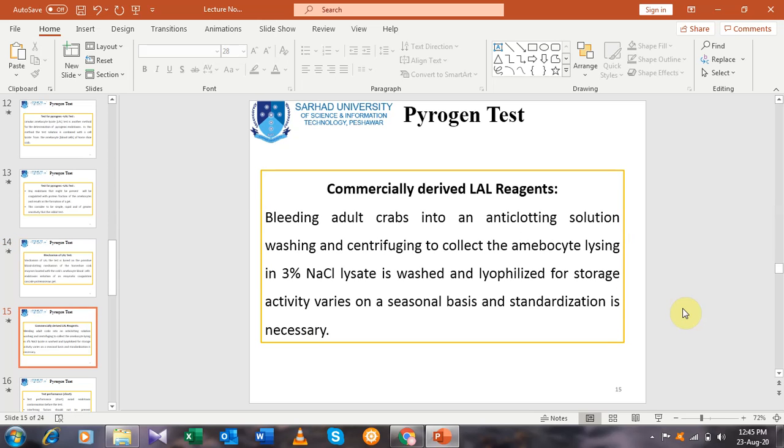Commercially it is available. If it is not available, we can also prepare the LAL reagents by using the protocol.